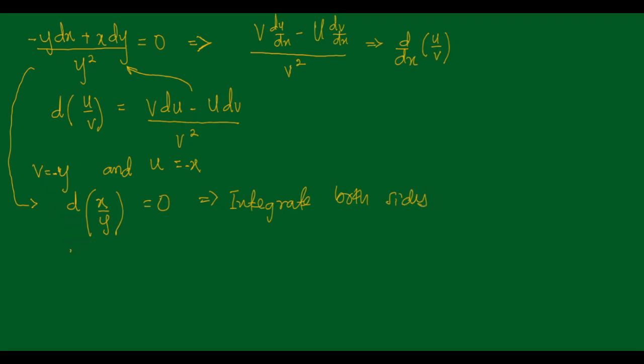On integrating both sides, we have the integral of the derivative of x over y to be equal to the integral of 0, say, with respect to x over y too. It doesn't really matter. It doesn't change what the outcome is going to be. So this becomes x over y is equal to constant c.